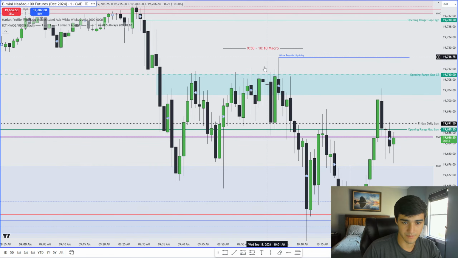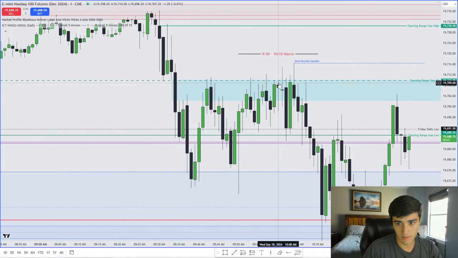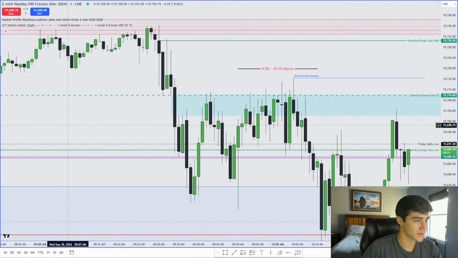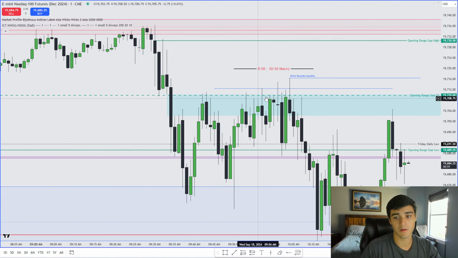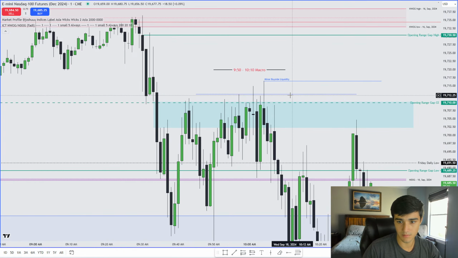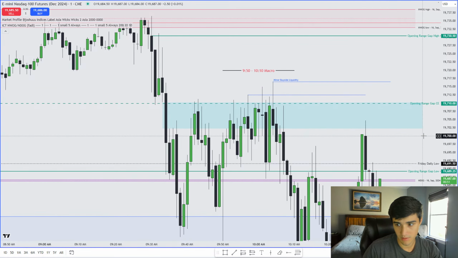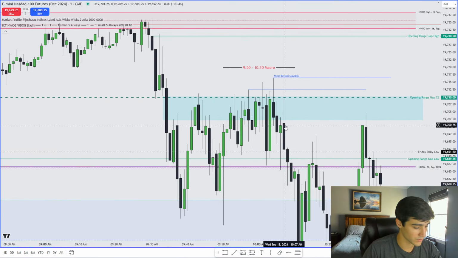You could probably sweep these highs, knowing the market's trading into a higher time frame 15-minute imbalance post 10 a.m. Here's the low of that bearish fair value gap on the 15-minute. I could have swept this, right? But look at the conditions. Back and forth. Not doing anything.